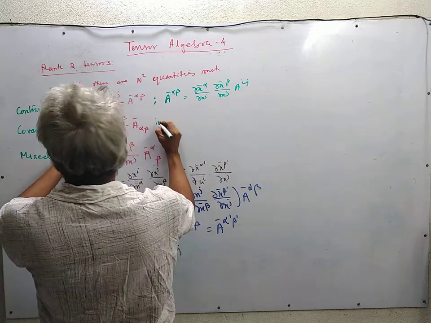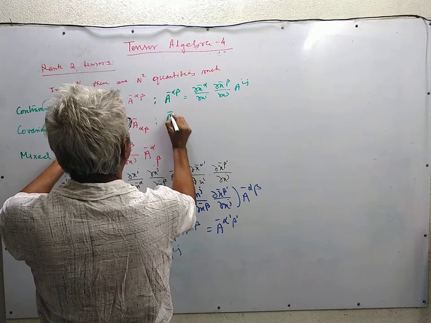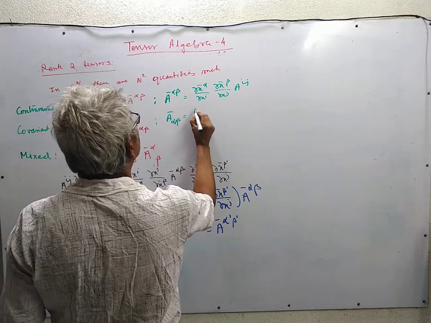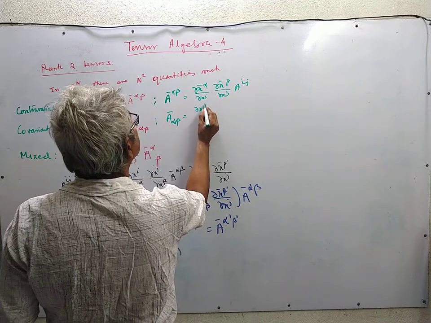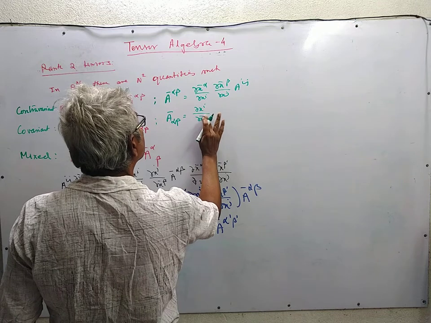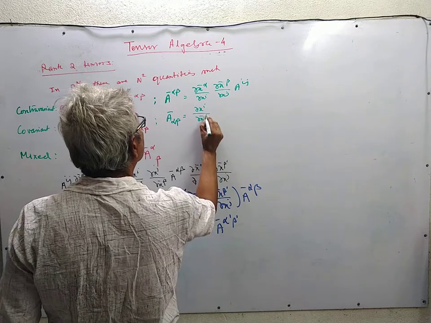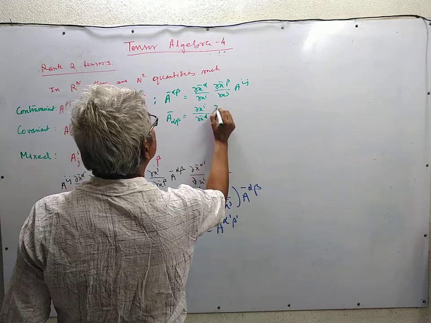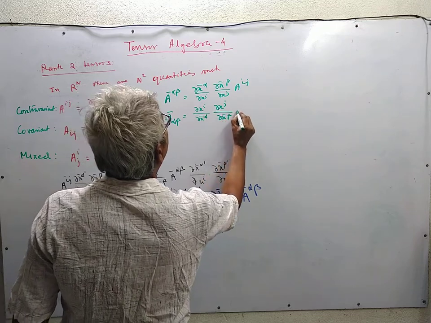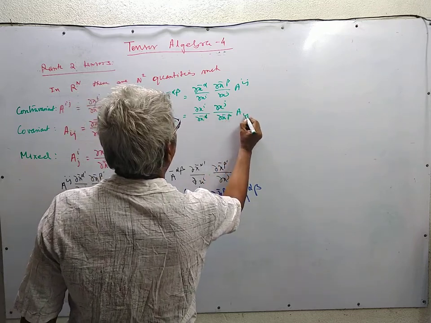For the covariant tensor, the transformation relation is a bar alpha beta is equal to del xi del x bar alpha, del xj del x bar beta a of ij.